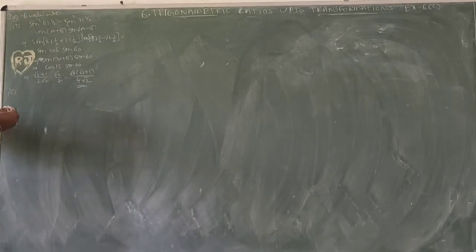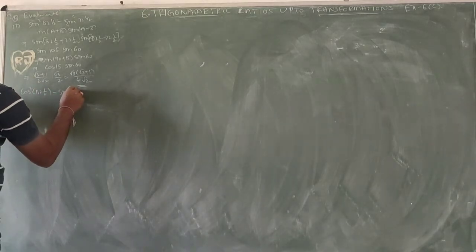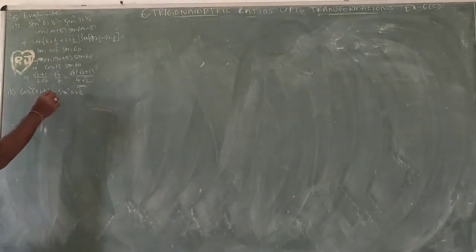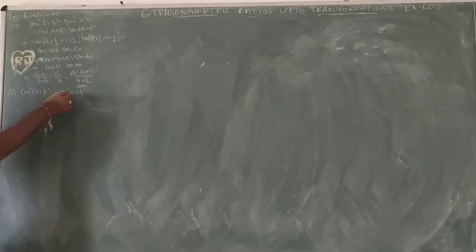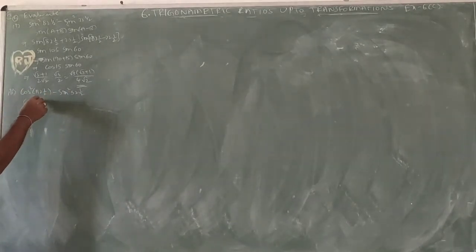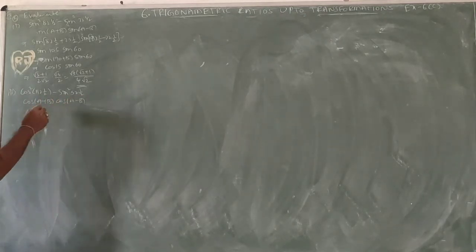So second question, cos square 112 half minus sin square 52 half. So this is the formula of cos square a minus sin square b, one cos, one sin. The formula is cos of a plus b into cos of a minus b.